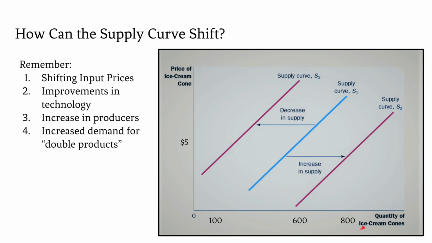Each incremental ice cream cone doesn't need to bring in as much revenue for the producers. So again, there can be an overall decrease in supply if an appropriate factor changes, or there could be an overall increase in supply.